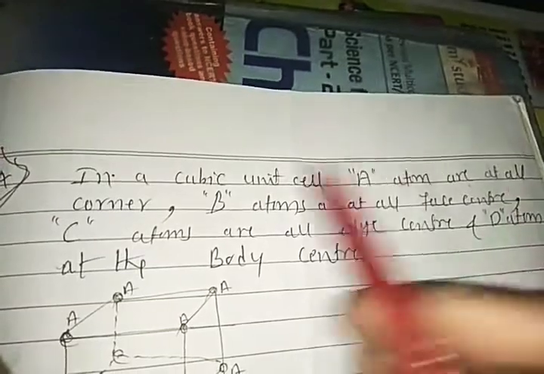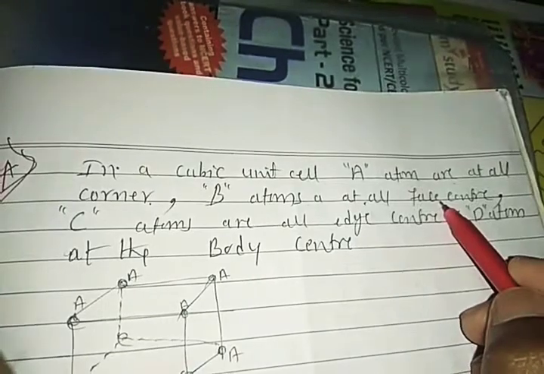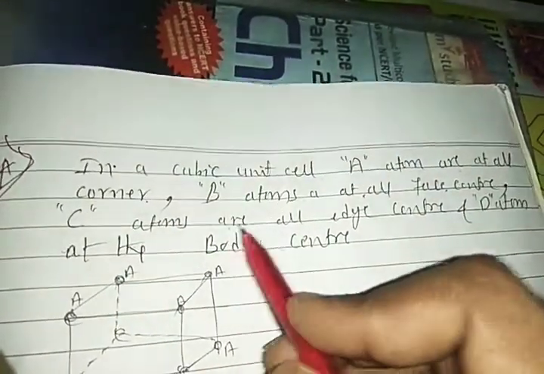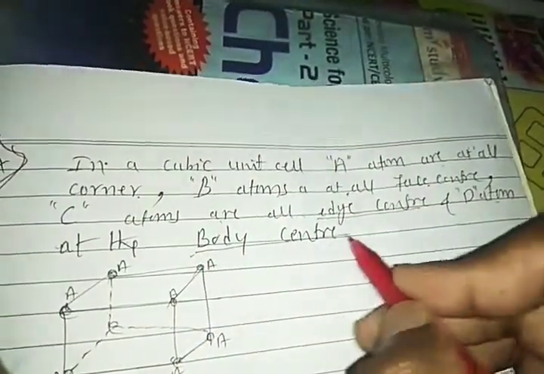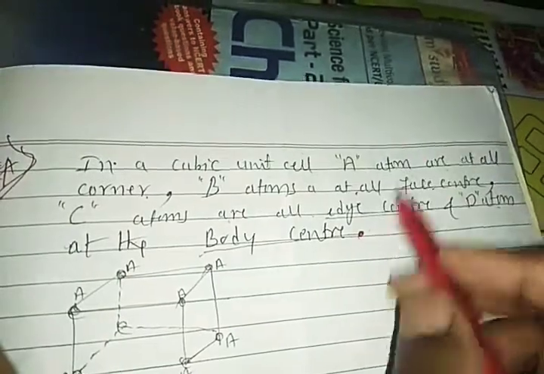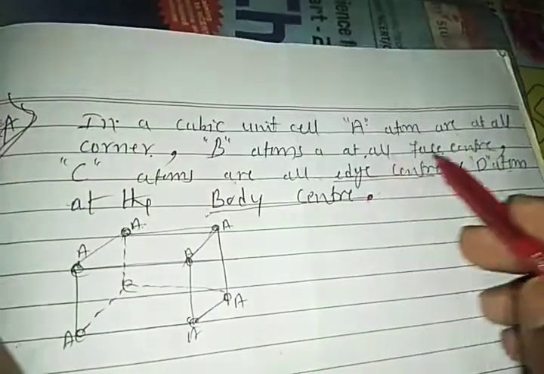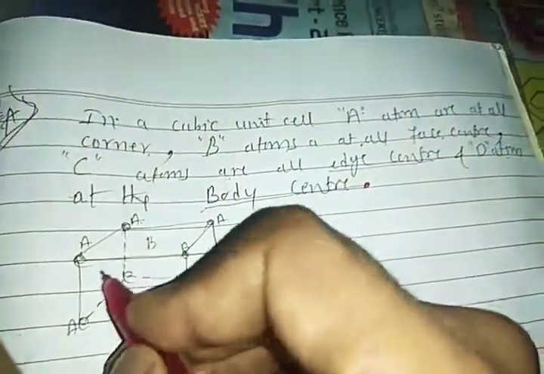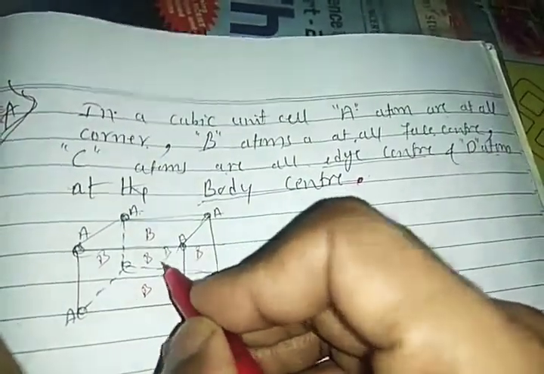Okay, let's see, friends, example number 4. In a cubic unit cell, A atom at all the corners, B atom at all the face centers, C atom at the edge centers, and D atom at the body center. Once again, friends, A atom at the corner of the cube, B atom at the face center, each face you may write here, front side one, back side one.